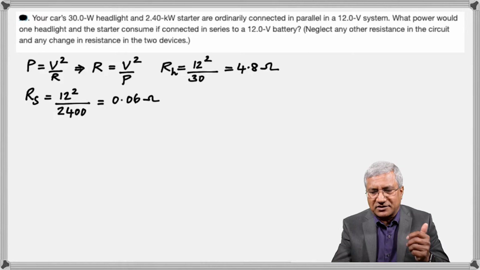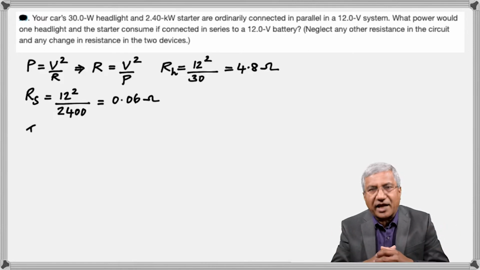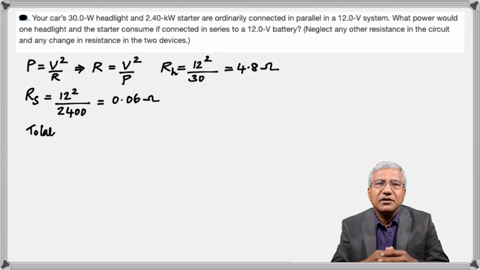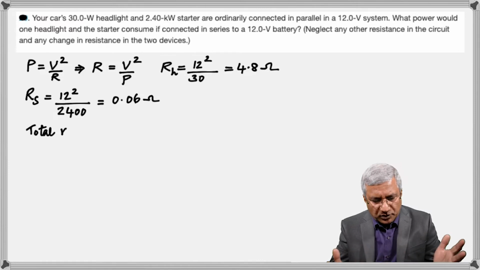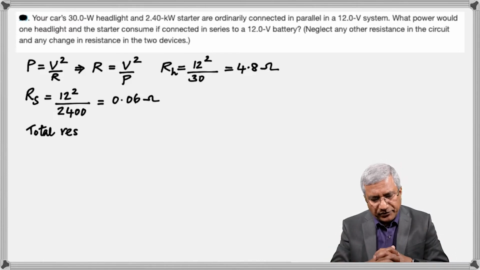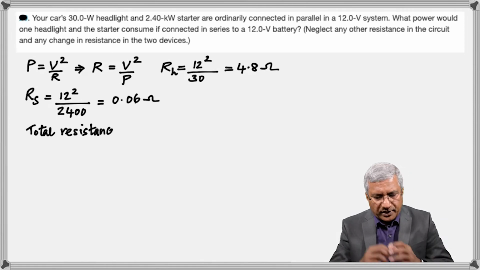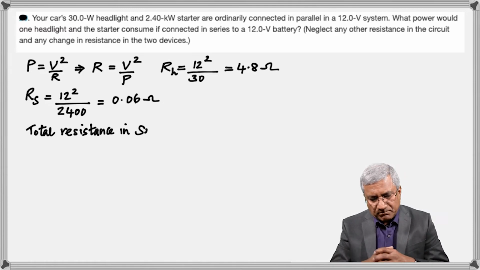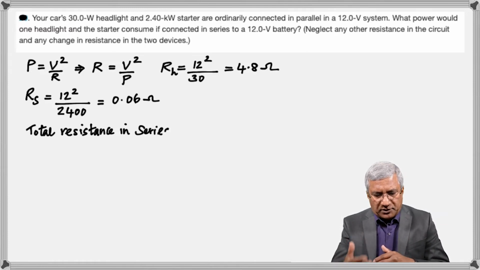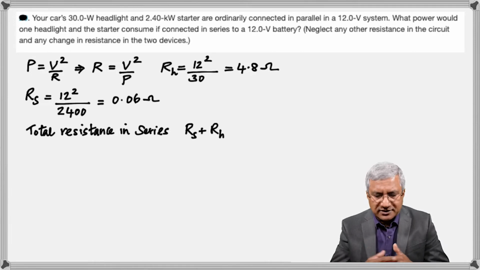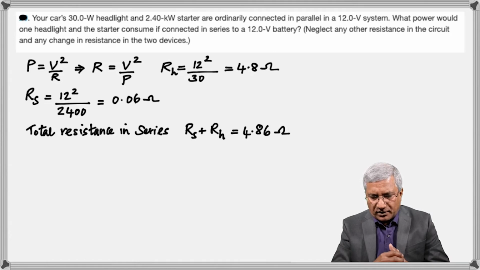Because when resistances are connected in series, you simply add them up to get the total resistance. So that's what I'm doing. Total resistance now is the sum of these two. 4.8 plus 0.06 is going to give 4.86 ohms. Okay, so that's the total resistance in series.